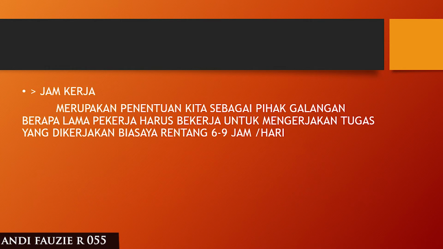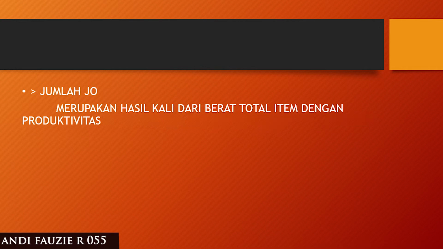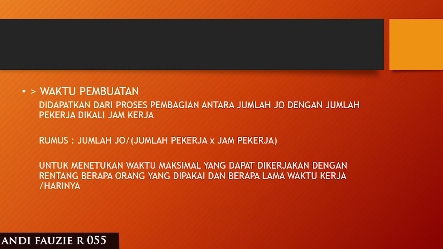Working hours. It is determined by the development party, how long the worker has to work to do the job, with a range of 6 until 7 hours per day. Total GO is the result of the total weight of the item times productivity.